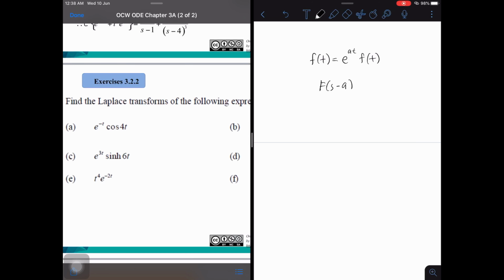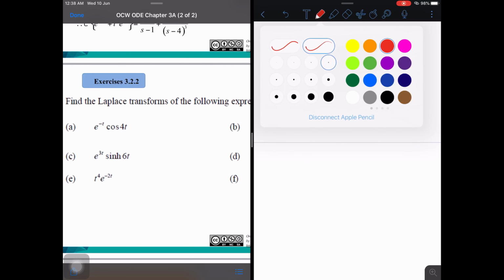Okay, what does this mean by F(s minus a)? The first thing you need to do is find the Laplace transformation of this function first. Then you need to know the value of a. Then you need to plus negative a at each s in the Laplace transformation.